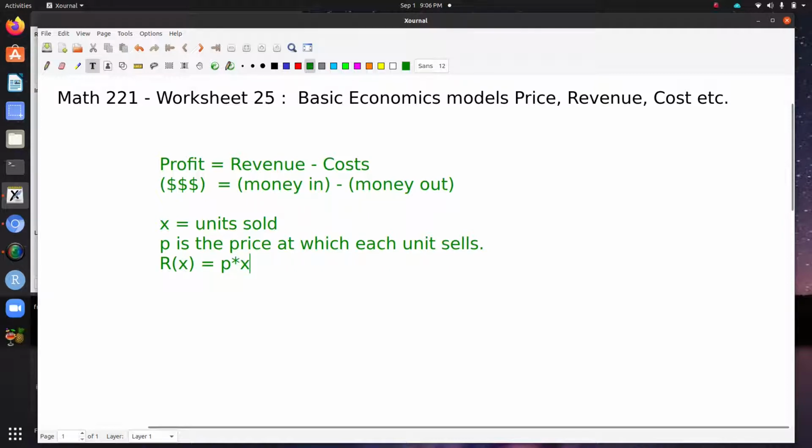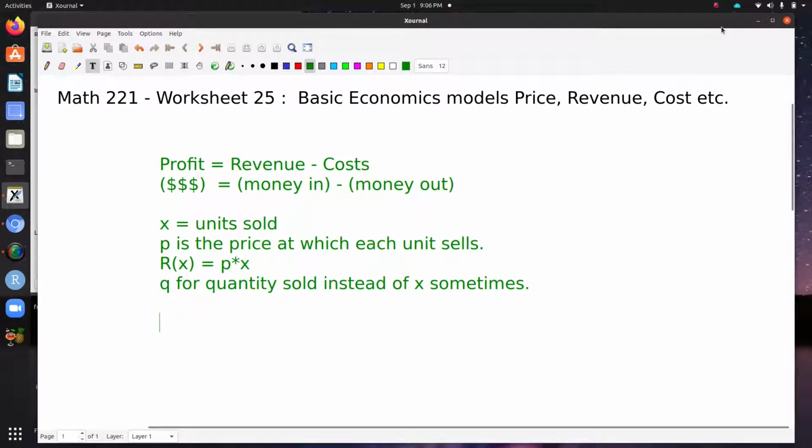There are other types of formulas you can run into, but these are the most basic formulas for this level of exercise. I'm not talking about upper level economics. This is just very basic, introductory things. And sometimes they use the little q for quantity sold instead of x.